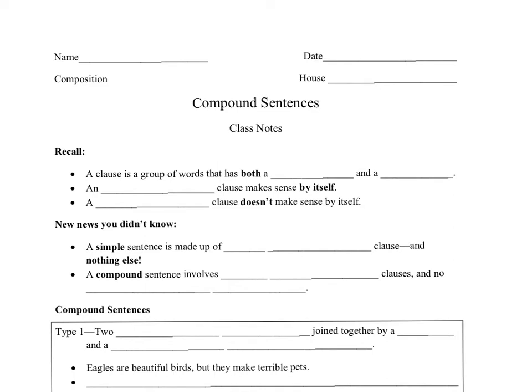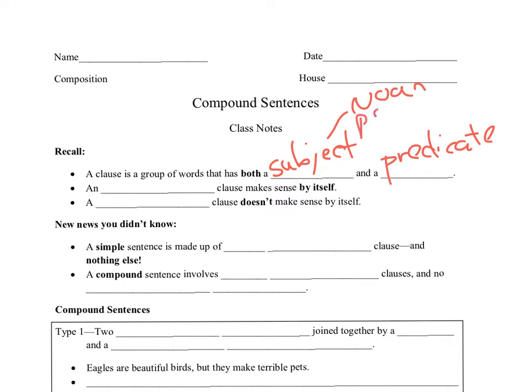Hope so. All right. If you will recall, a clause is a group of words that have both a subject and a predicate. A subject is your noun, and your noun, of course, is a person, place, or thing. It can be common or proper, but remember, your subject can also be a pronoun.